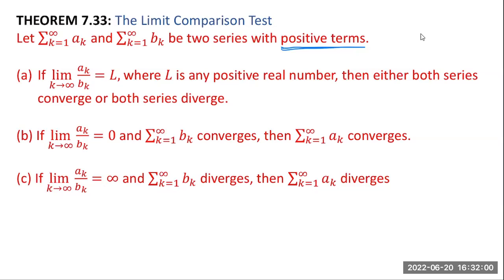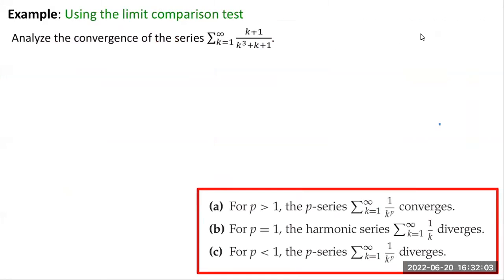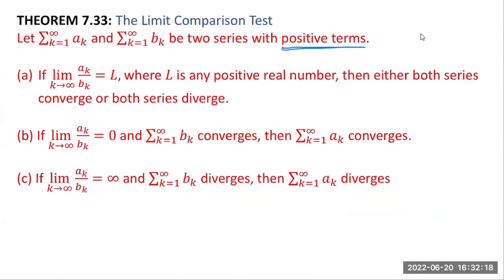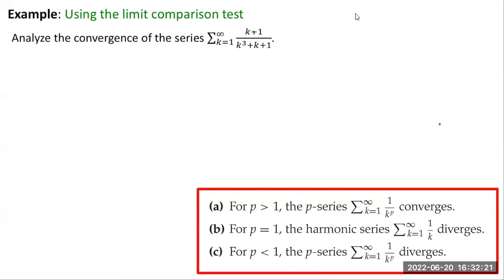Let's go over an application of this theorem now. Limit comparison test. Analyze the convergence of the series. This is the given series. How do we analyze the convergence of the series using the limit comparison test? Let me take this as my AK.